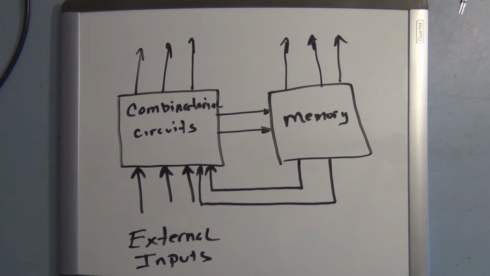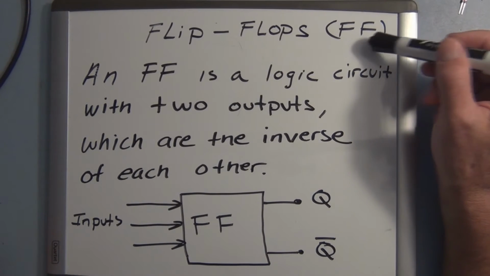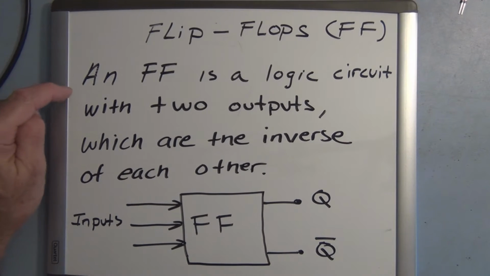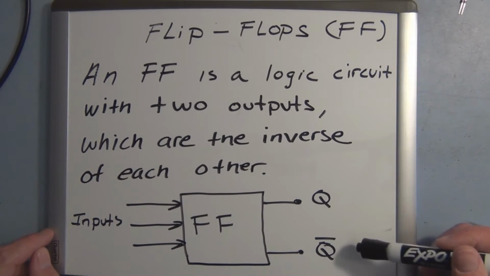So now let's define the memory element. A basic digital memory element is the flip-flop, also abbreviated FF. And by definition, we're going to say an FF is a logic circuit with two outputs, which are the inverse of each other. Here I'm calling these outputs Q and Q naught. You can use any letter.